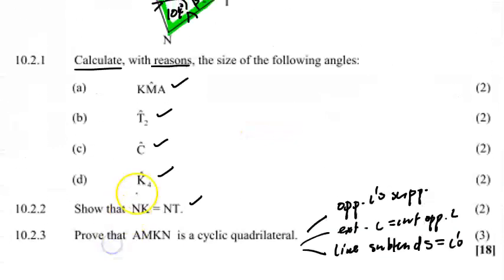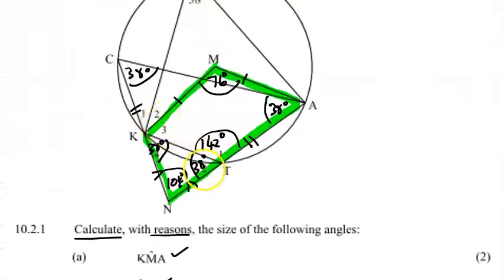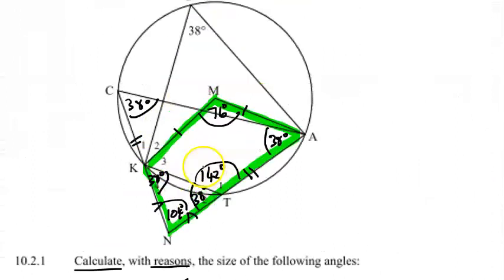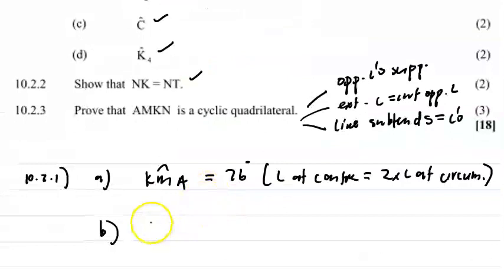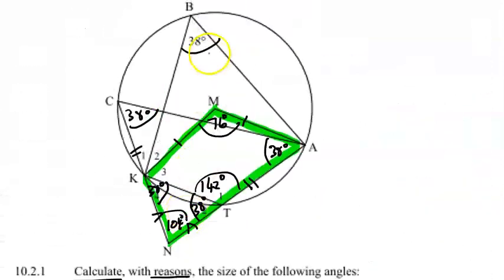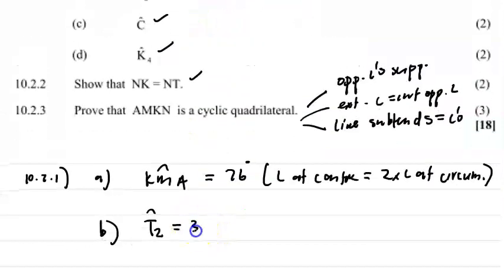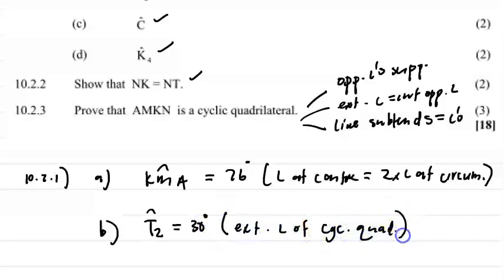B, we'll write down T2. So T2 is going to equal 38 degrees, exterior angle of cyclic quadrilateral.